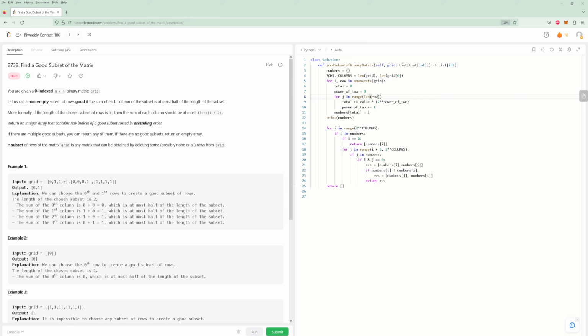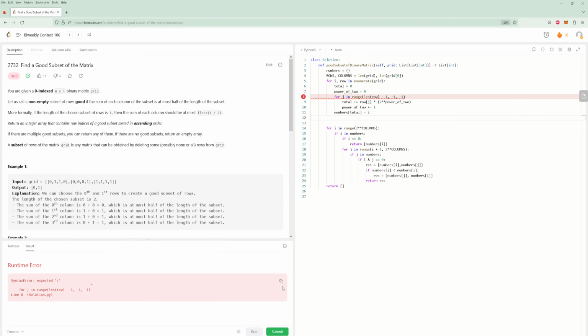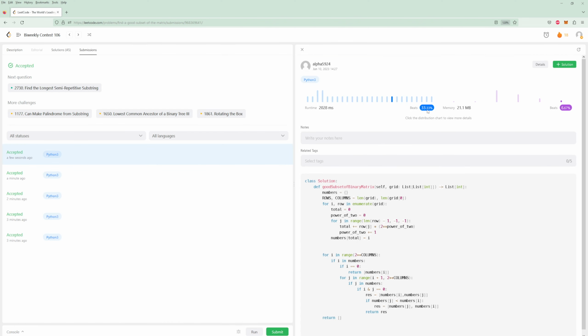We want row, but we want to go backwards. So I don't think we want value here, right? We want row j. Okay, let's see if that's still right. Oh, we also don't need this print numbers. Let's see how that goes. No, it's still the same.